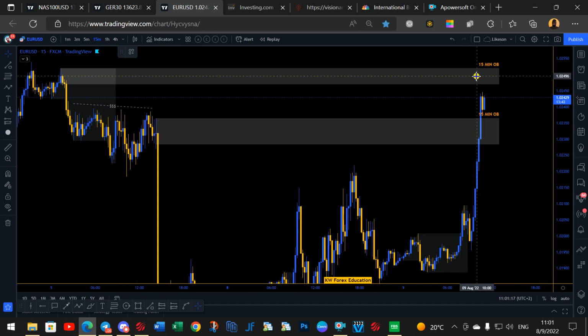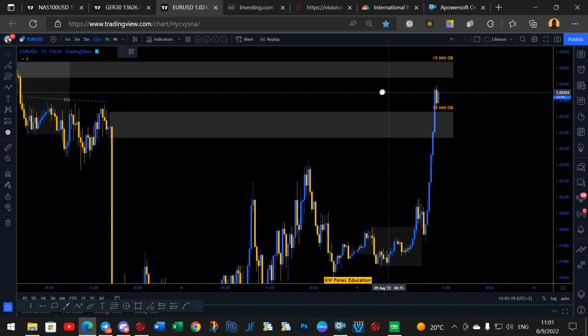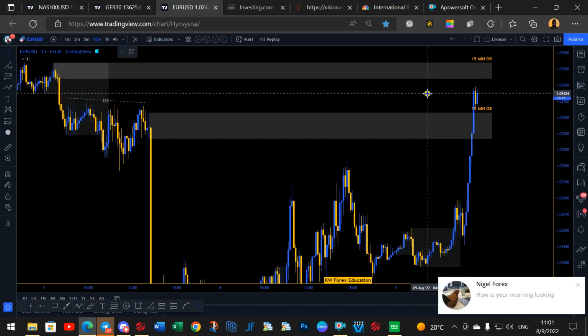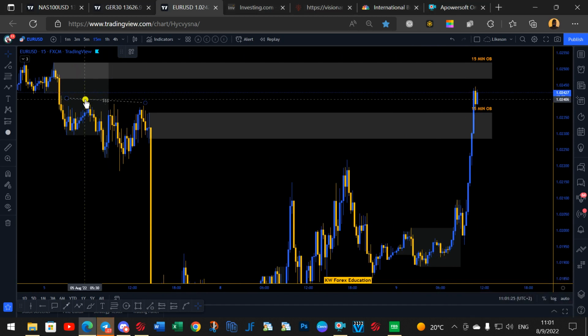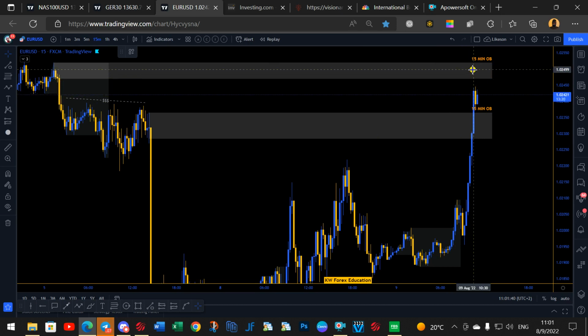In here, you're not just selling direct, you are waiting for a reaction before you sell, right? Liquidity has been taken out here. We've got imbalance here that still needs to be filled. After the imbalance gets filled here, at least we should expect a reaction on 1 minute that should give us an entry instead of just selling direct.